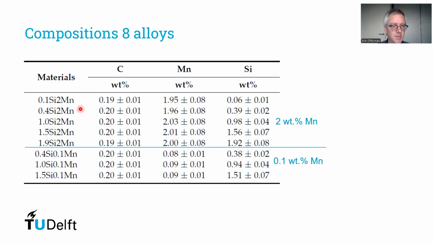She did quite an amazing job in studying a large number of alloys with different composition, and they can be divided in 2 groups: alloys with 2 weight % manganese, as you see here, where she varied silicon concentration from 0.1 to 1.9, and alloys with a little manganese, 0.1, where also the silicon content was varied, as you can see in more detail here.